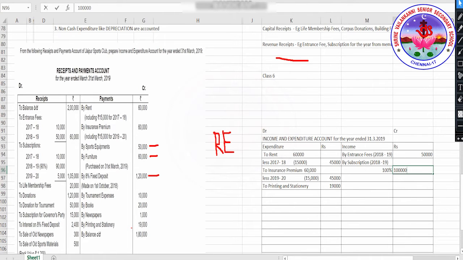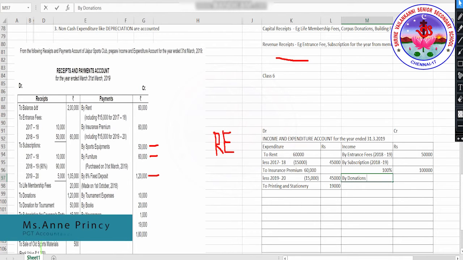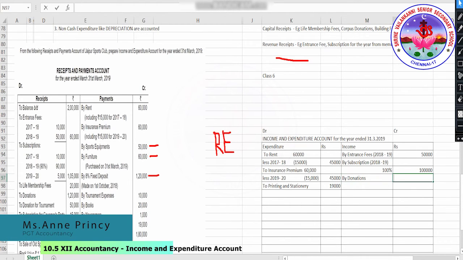Then you have donations. Life membership fees is a capital receipt, so I'm not going to take life membership fees. Donations I will take. So by donations, how much is that? 1,20,000.